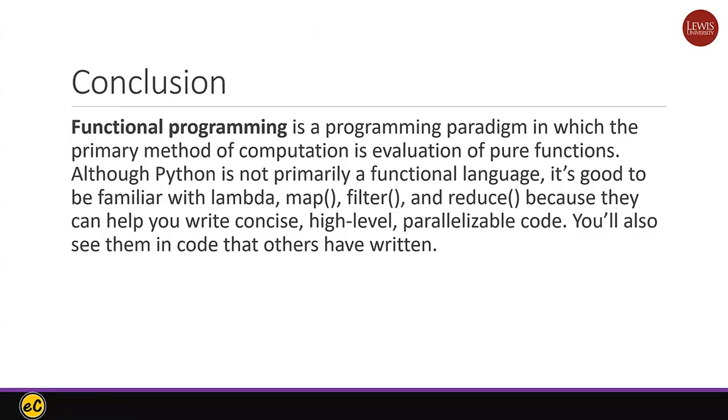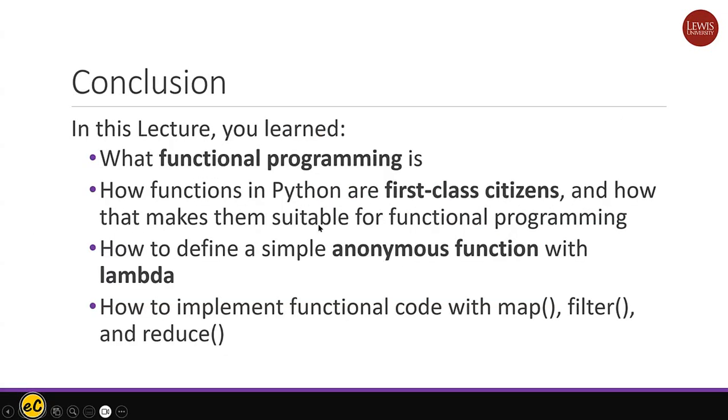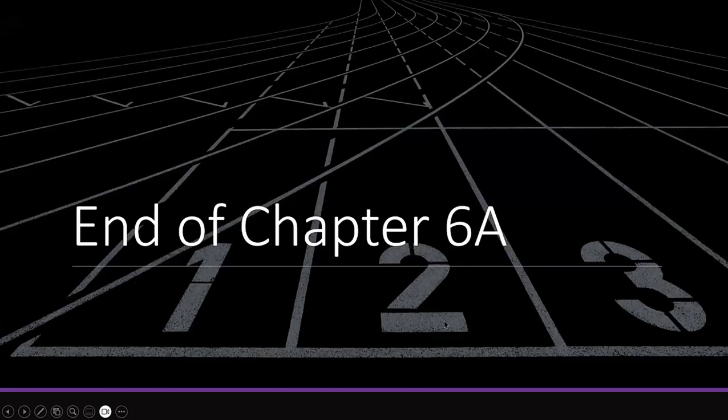We went over the functional programming features and 3 major functional programming functions, including the lambda expression, map, filter, and reduce. These are 3 major functional programming functions, okay? So that gives you a basic introduction to functional programming, okay?